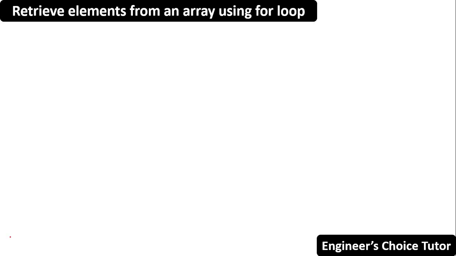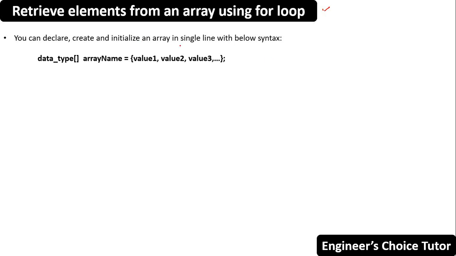Hi everyone. In today's lecture, we will discuss retrieving elements from an array using a for loop. When we were learning arrays, we covered how to declare, create and initialize an array in a single line, right?